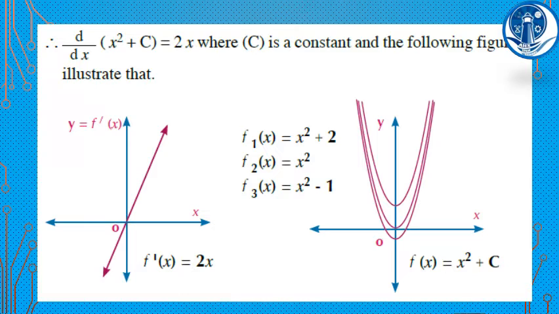If you have f of x equals x squared, this is the curve. f of x equals x squared minus 1, this is the curve, and so on. Its derivative is f prime of x equals 2x. Then we neglect the 2 or negative 1 or any number added.